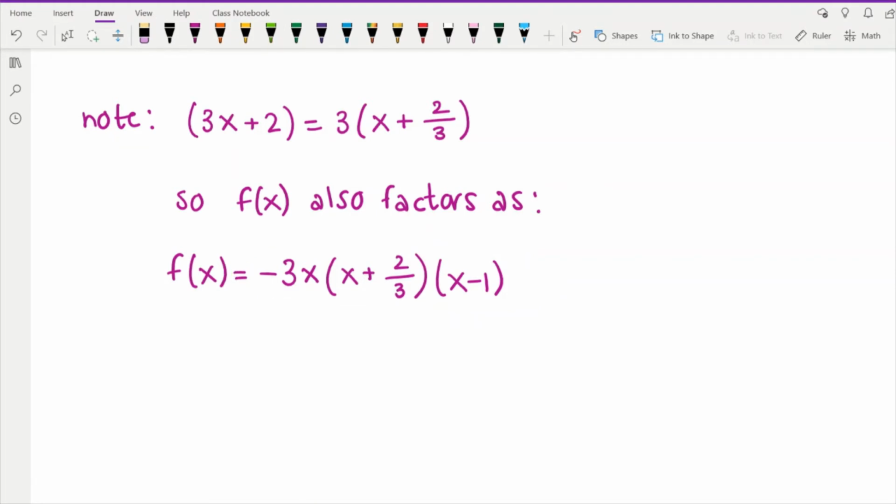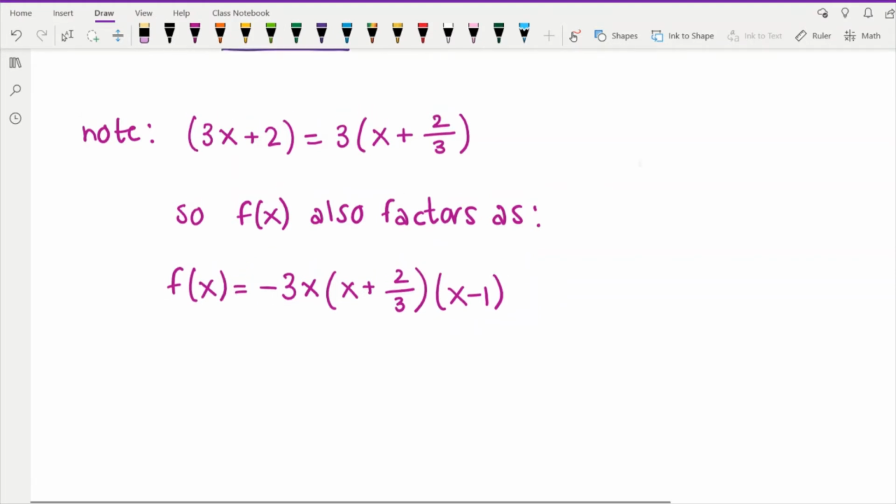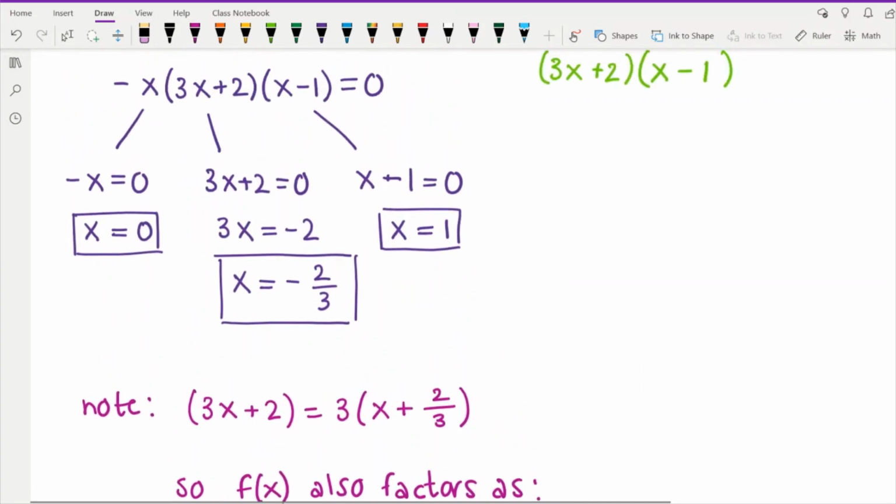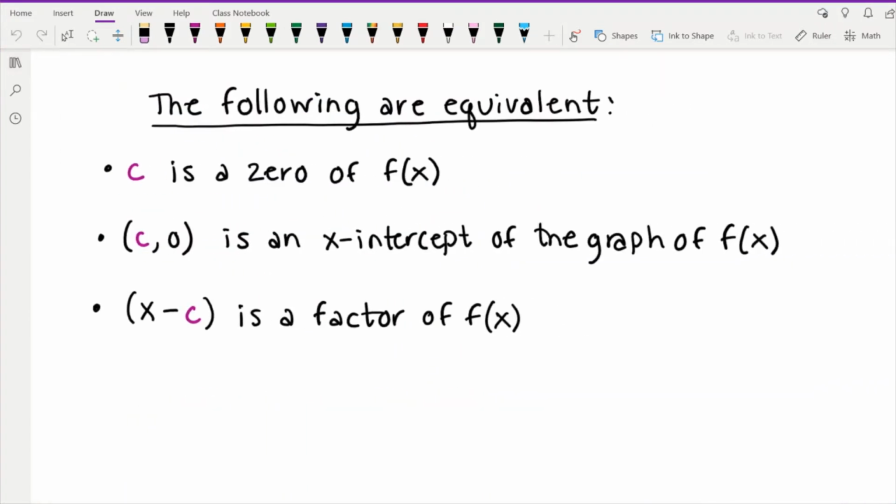Basically what I'm trying to get at here is that when you're actually finding the zeros, the factor that you may use to find the zero might not always look like x minus c. In this case, it didn't. It looked like 3x plus 2. However, this rule that we wrote down, it's not like I was lying to you. This is still true.